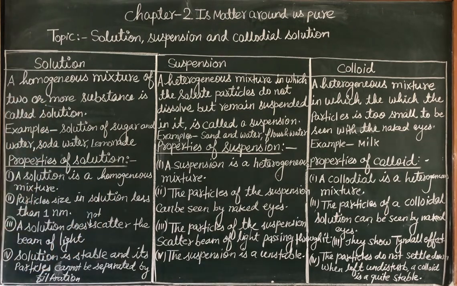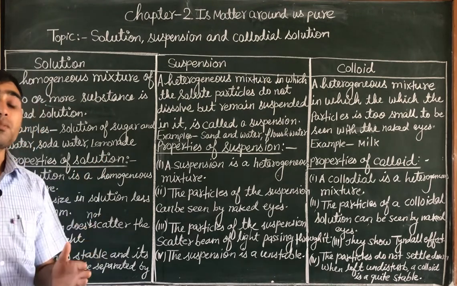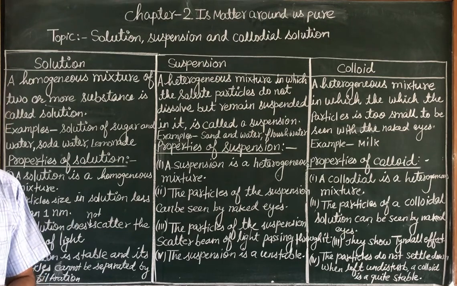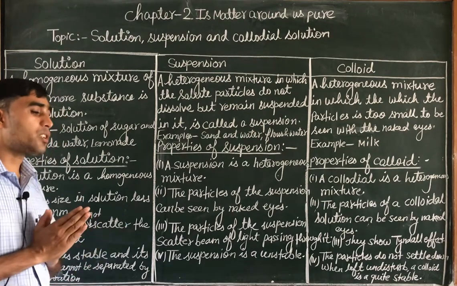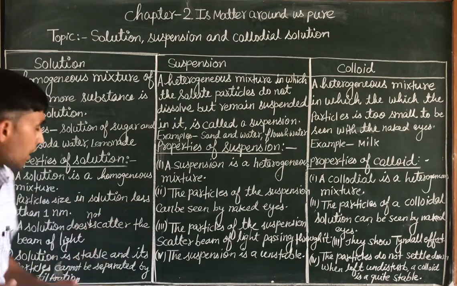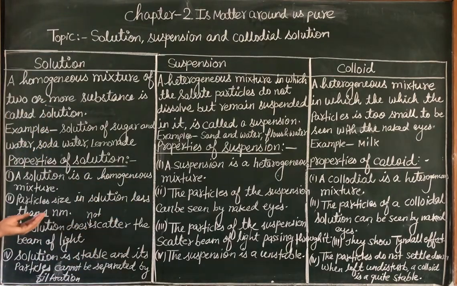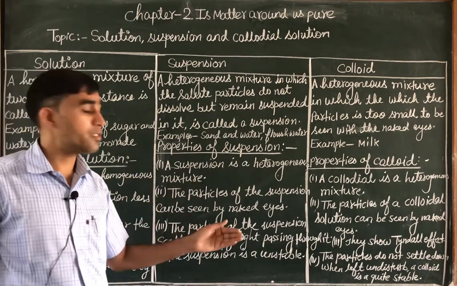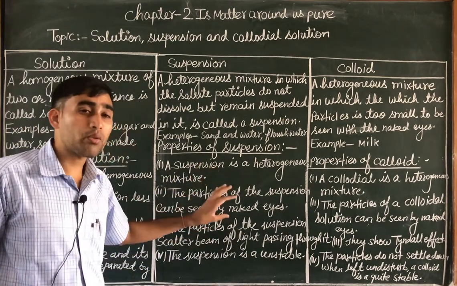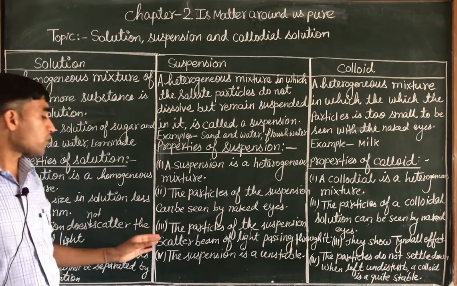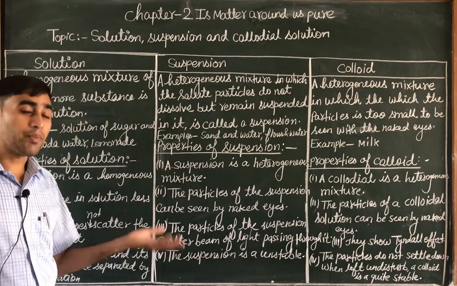Now let us see the properties of suspension. A suspension is a heterogeneous mixture, meaning it does not have uniform composition. Second, the size of the particles is comparatively bigger than in a solution, so they can be seen by the naked eyes. इसमें पार्टिकल का साइज इतना बड़ा होता है कि हम उनको आंखों से देख सकते हैं. Third property is the particles of a suspension scatter a beam of light.